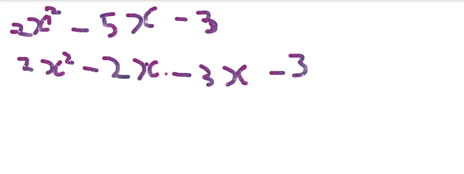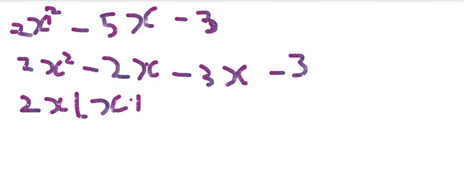So now I would take out the common factors, so 2x would be the common factor. Inside the bracket, 2x divided by 2x would be just x, and for the second one, it was negative 2x.